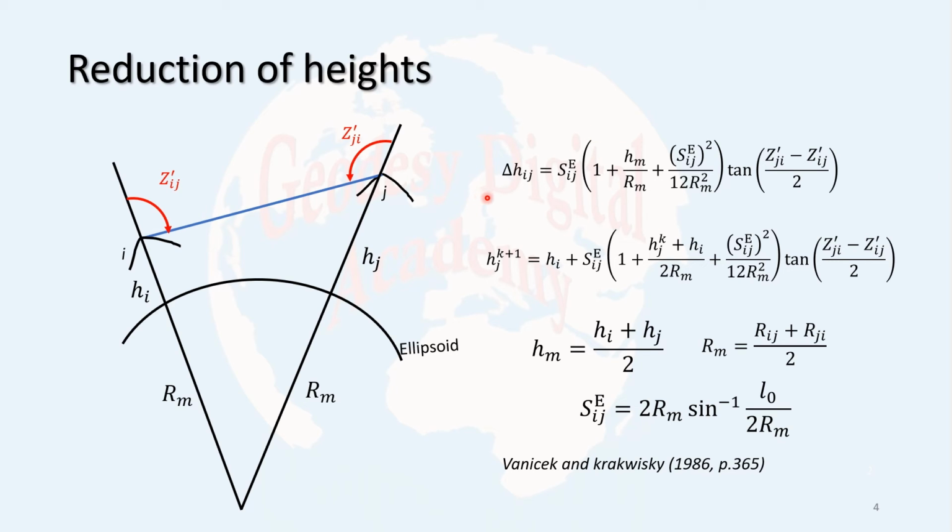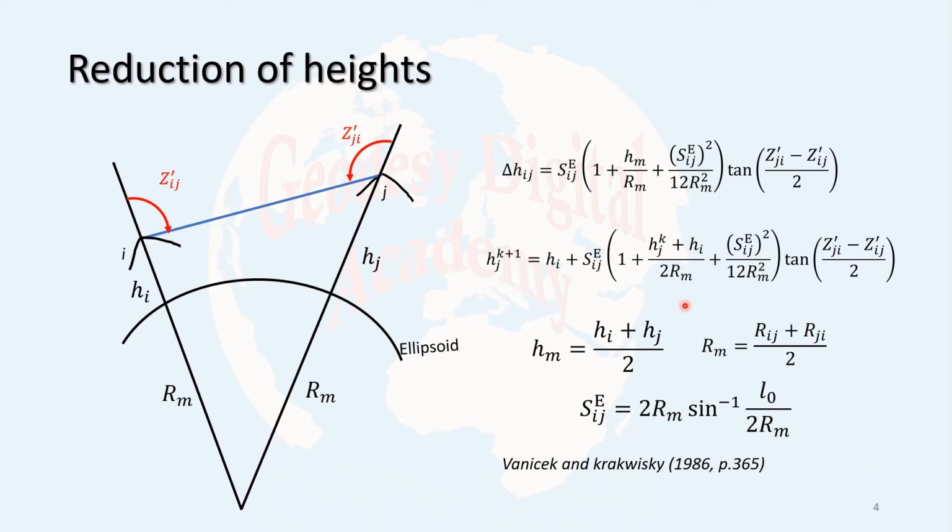Let me expand this formula a little bit more. I expand delta H and I write it Hj minus Hi. Then Hi goes to the right hand side. Then I have this Hi here. And instead of Hm, I write Hi plus Hj divided by 2. This is what you see here.